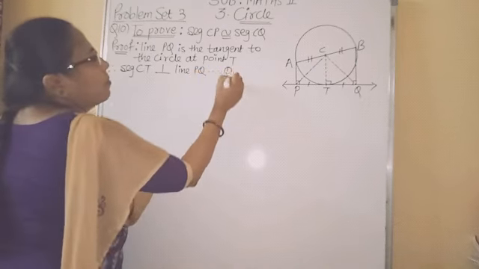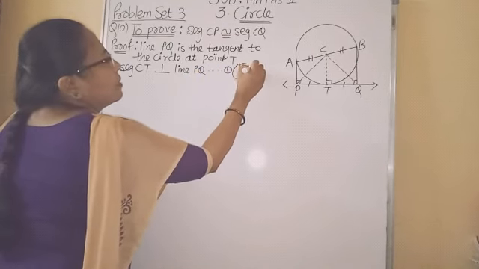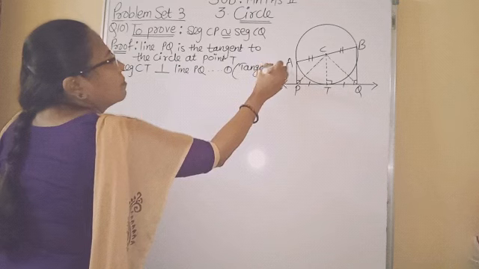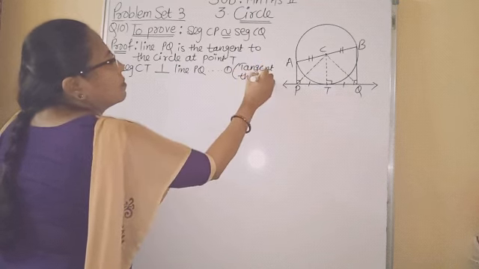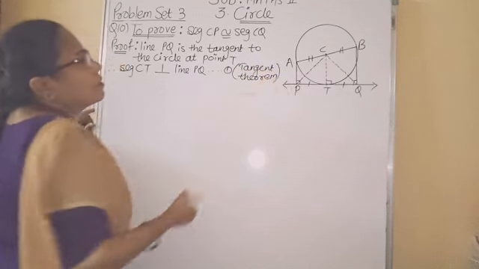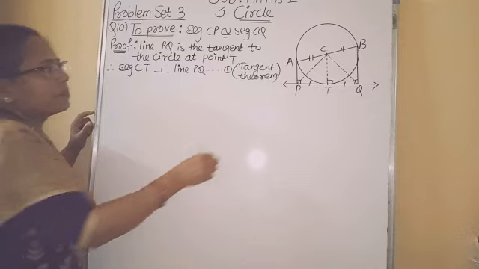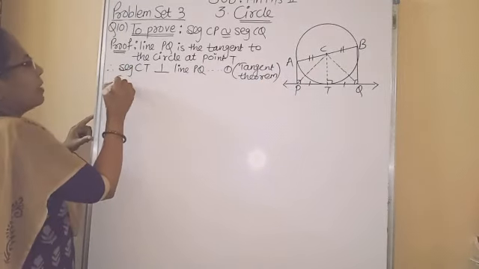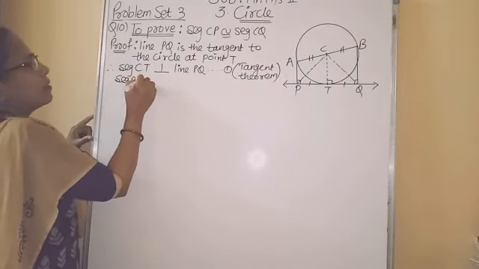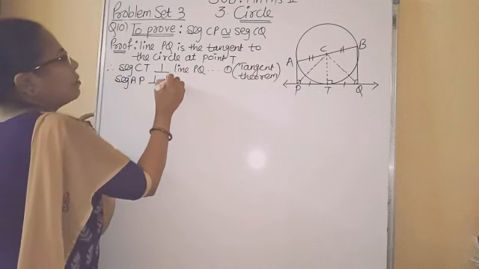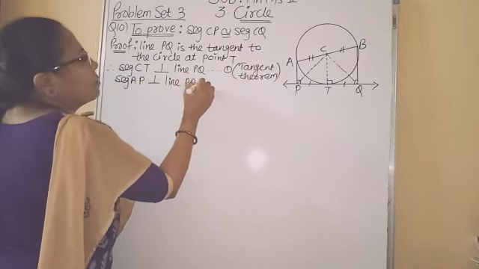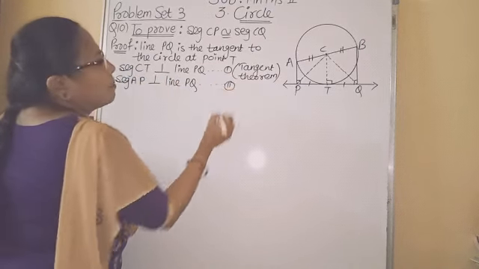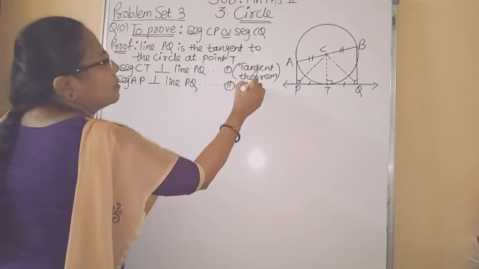Give statement number 1 and reason tangent theorem. Followed first step. Then we will write two given statements, that segment AP perpendicular to line PQ. Statement number 2, reason given.